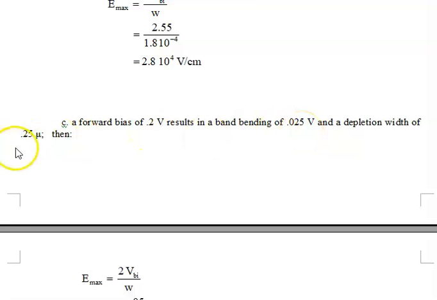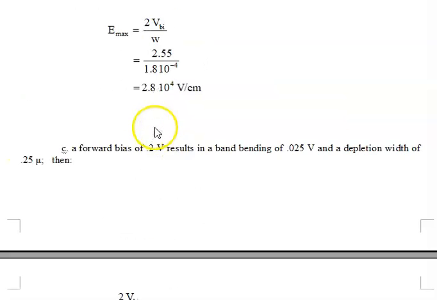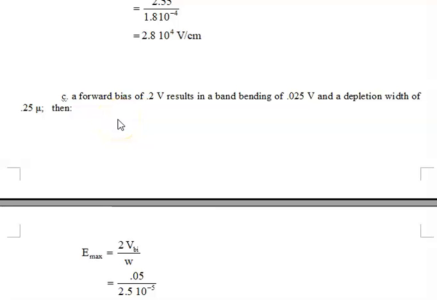And the depletion region is now 0.25 microns. So at equilibrium, it is 0.56, and in forward bias, it goes down. We know it goes down, but it actually is less than half of that.